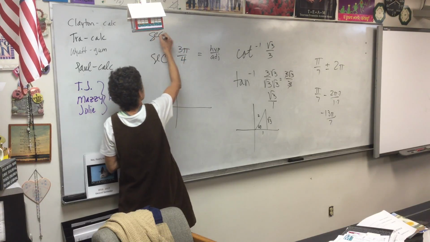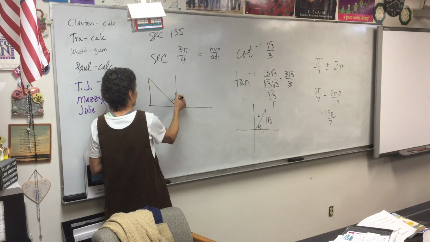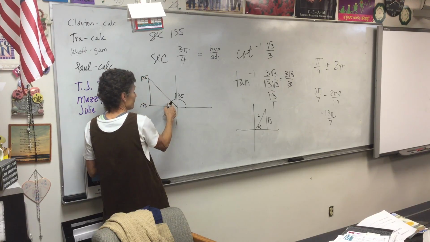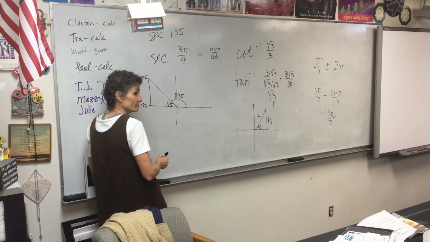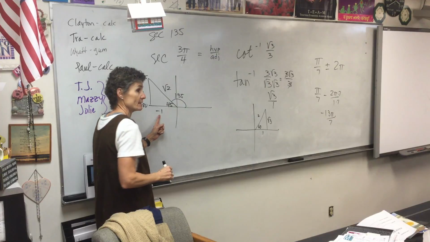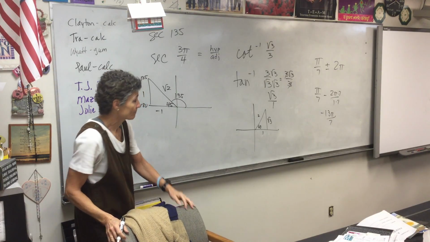So I'm finding the secant of 135 degrees, which means that the reference angle here is 45. So it's 1, root 2, and that one is negative. Remember, if you're not in quadrant 1, something's negative.